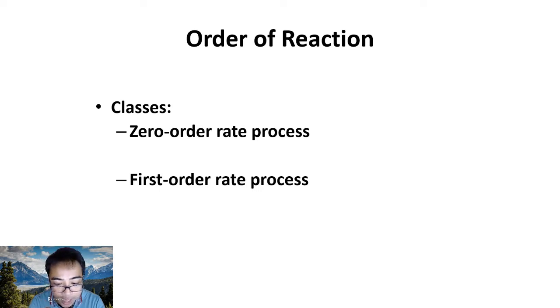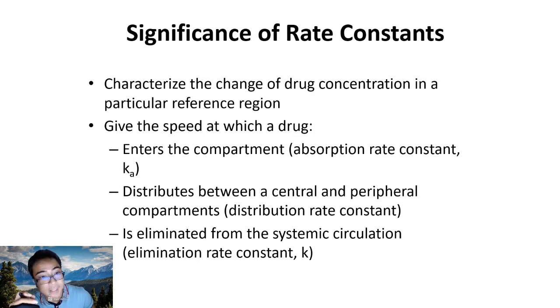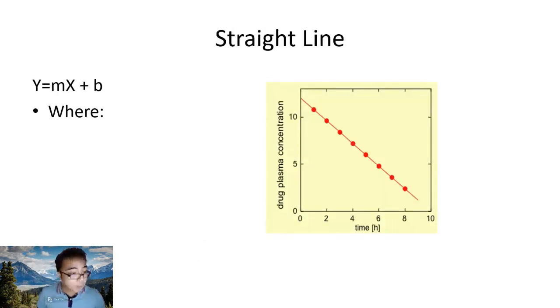Zero order reactions, class, are concentration independent in terms of elimination rate, as compared to the first order process. Now, you still remember this, class? What is this equation? Y equals mx plus b.